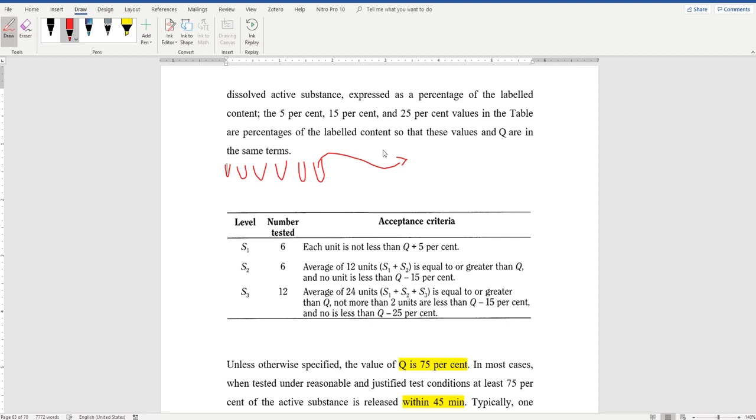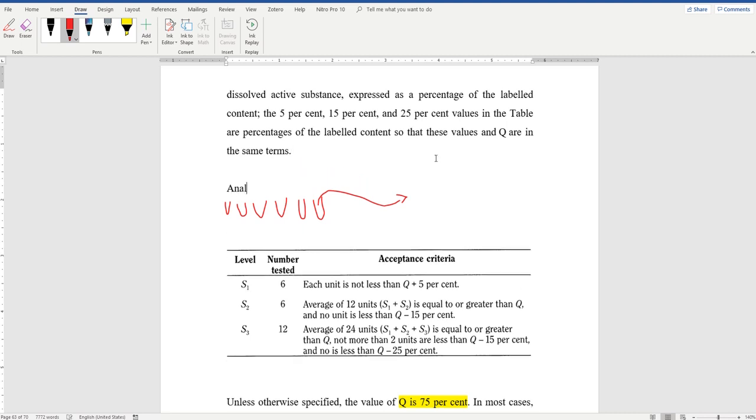Even the analysis to calculate how much drug is there in each tube is given in the pharmacopoeia. So when you do the analysis for each one, this analysis will give you how much drug is there. So you know how much drug is in each tube.